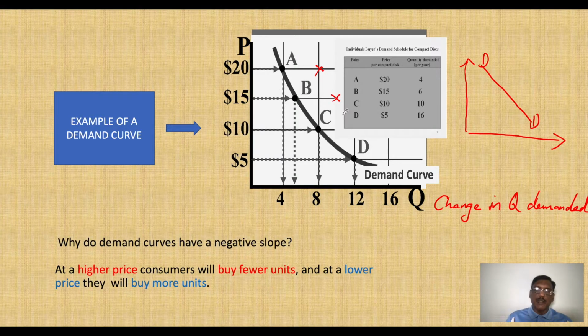At each price, it could be here, it could be here. What happens here? The entire demand curve shifts. I'm not drawing to perfection. What you can see, the entire demand curve has shifted. This is what we call a shift in demand.